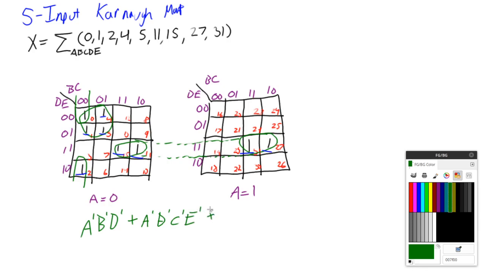And finally, let's take a look at this guy here, this essential prime implicant. So it looks like A changes, right? A is a 0 here, and A is a 1 here. So that means A does not make it in this term, right? It gets factored out. But it looks like B stays the same, right?